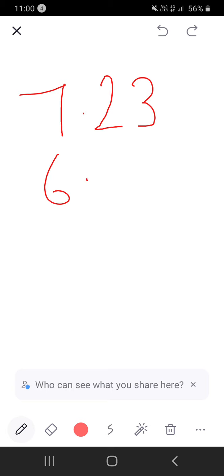So children, what do you mean by like fractions? Suppose I am writing 7.23 and again I am writing 6.71. So children, are these like fractions or unlike fractions? How can we decide? First of all, you have to count the number of digits to the right of the decimal point.